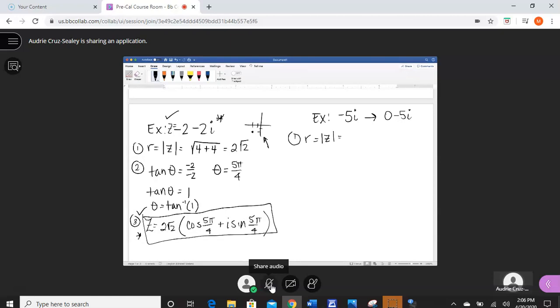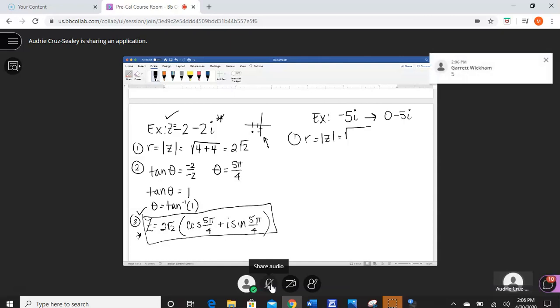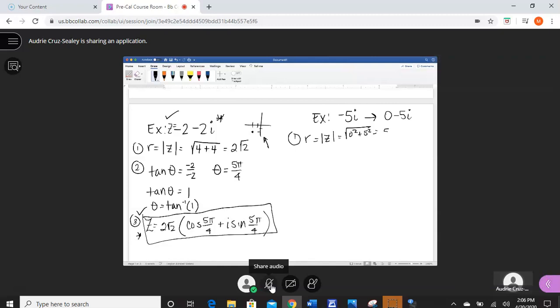Okay, so here we go. Next one. Anybody come up with R? Okay, R is 5. I'm cool with that. Now we're going to find tangent of theta equal to B over A, which is negative 5 over 0. Uh-oh. Where is tangent of theta undefined?